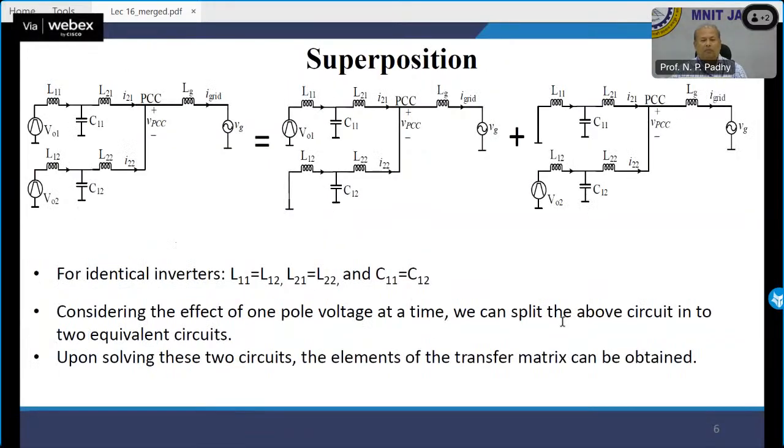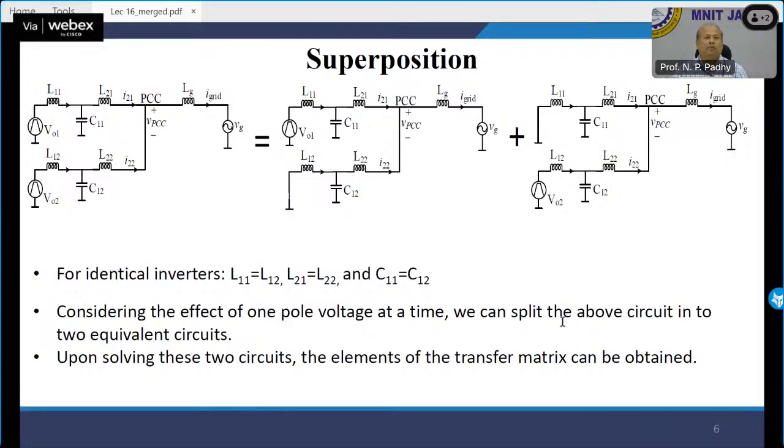So now we get into the superposition theorem. We have broken the original network, the two parallel inverters, into two networks. What the superposition theorem says is: determine the response across an element or a load, making one source present and the rest of the sources replaced by their internal impedances.